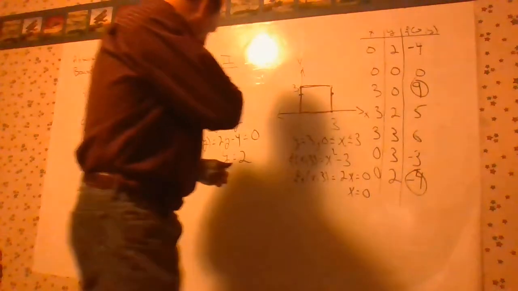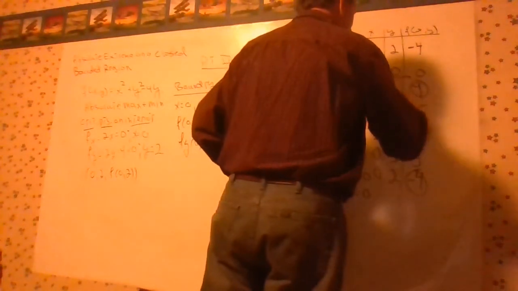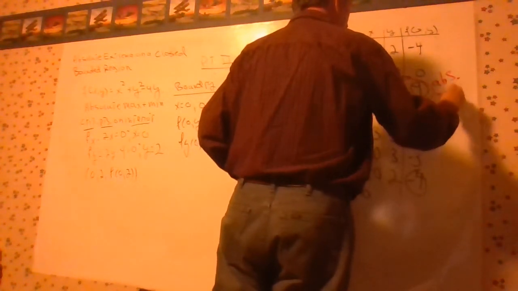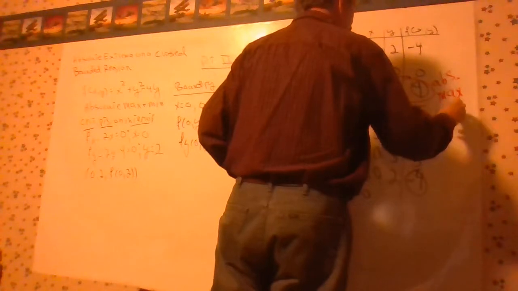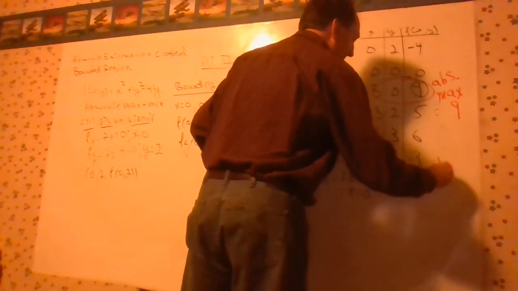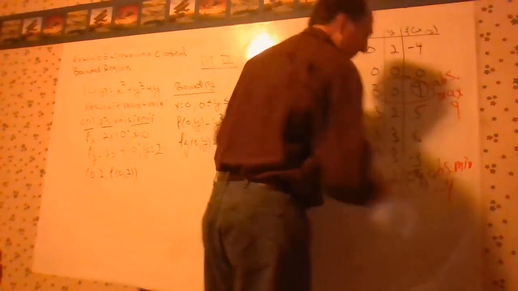So we have absolute max is positive 9, sorry about that. Absolute min is negative 4.